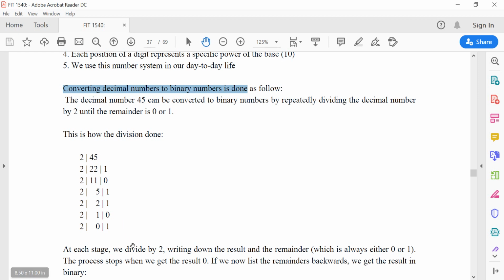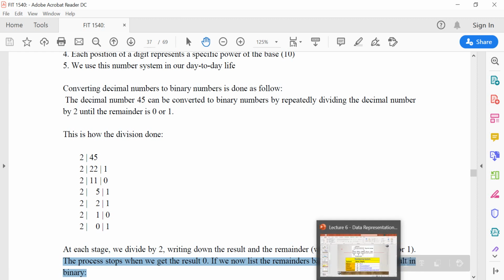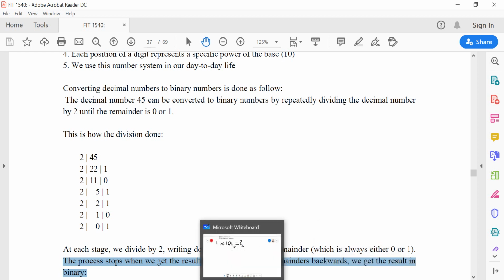At each stage we divide by 2, writing down the results and the remainder, which is always either 0 or 1. This process stops when we get the result 0. If we now list the remainders backwards, we get the result in binary format. Now we're going to do it together.